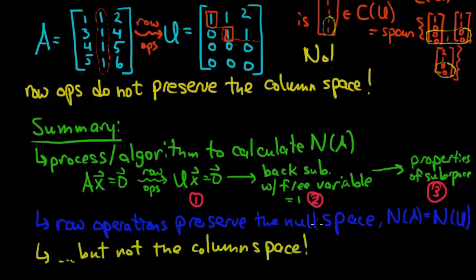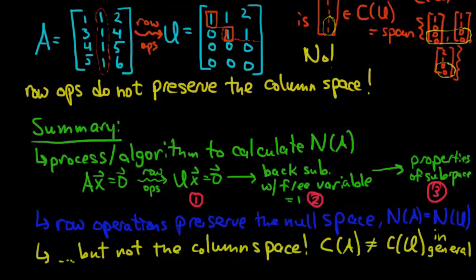This is a very important fact to remember. Column space of A does not necessarily equal the column space of U in general, and the example that we had in this problem up here provides nice evidence of that fact.